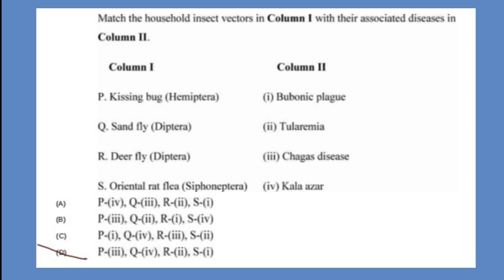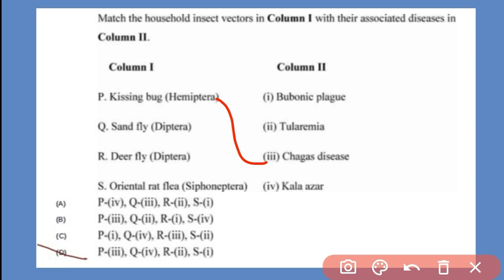These blood-sucking bugs transmit Trypanosoma cruzi by biting infected animals or humans. Trypanosoma cruzi is a parasite which causes Chagas disease in animals and humans. This disease is also known as trypanosomiasis. So the kissing bug, Hemiptera, matches to Chagas disease or trypanosomiasis.